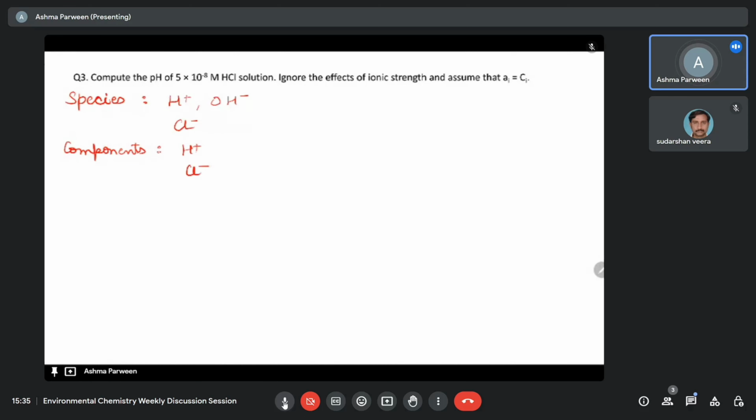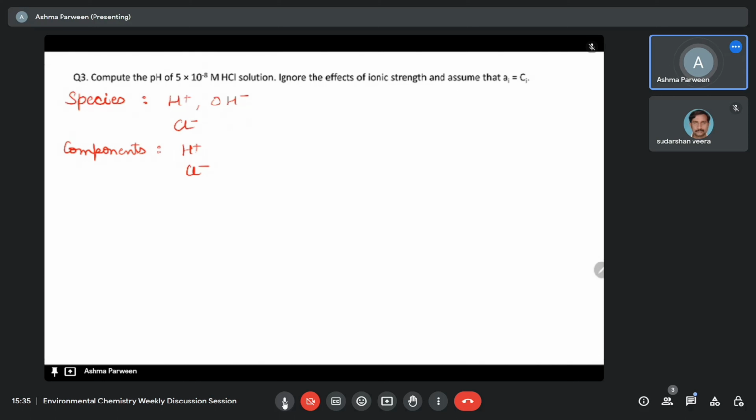To solve questions related to pH, species and components should be very clear, because from this combination of species and components we can find out how many unknowns are there and how many equations have been given, whether the question can be solved or not.